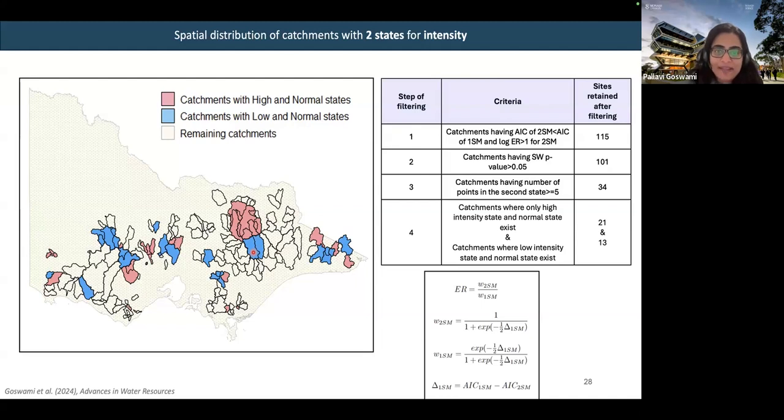This is again a big research gap, and we still need to address how catchments might be behaving. Catchments can behave in very complex ways, so there can be instances when some catchments experience more severe droughts, whereas some do not experience as severe as many others.